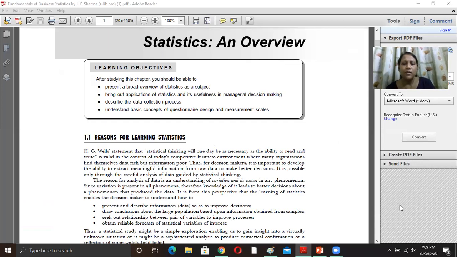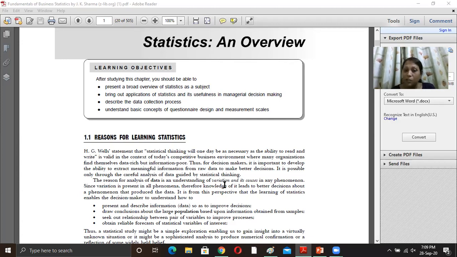So, what is statistics? The reason for analysis of data is an understanding of variation and its causes in any phenomena. Since variation is present in all phenomena, knowledge of it leads to better decisions about a phenomena that produce the data.